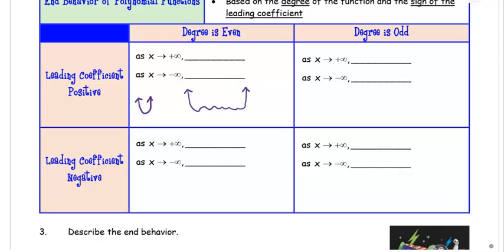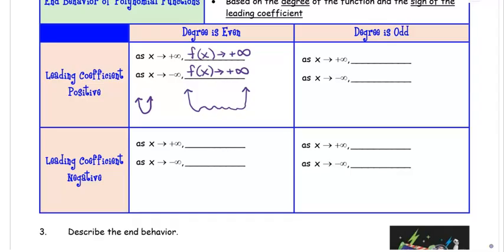But in the end, the ends are going to follow what a positive quadratic function will do. Even and positive leading coefficient. So if x approaches positive infinity, notice that the graph is going up there, that means f of x is going to approach positive infinity as well. As x approaches negative infinity, meaning it gets smaller and smaller, f of x is going to approach positive infinity as well. It goes up at the ends.